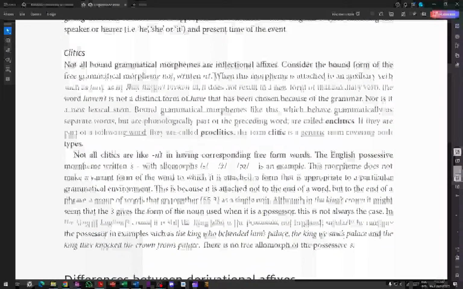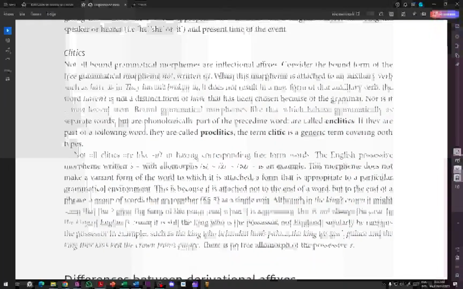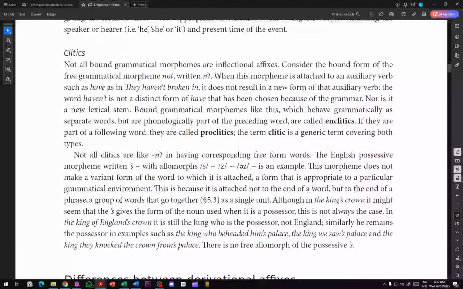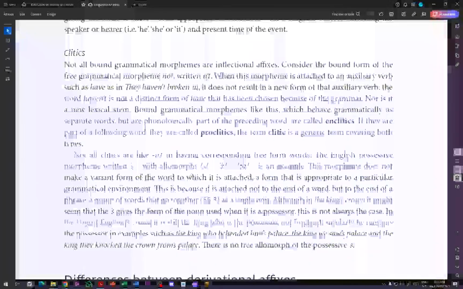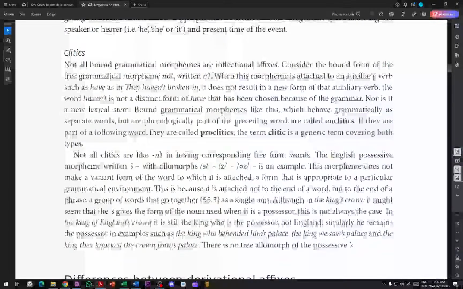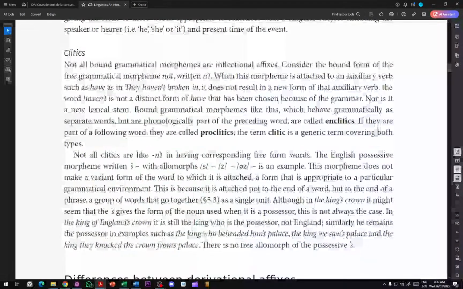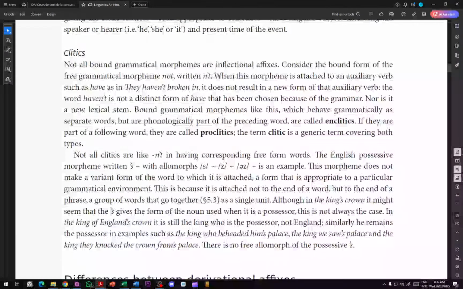Not all bound grammatical morphemes are inflectional affixes. Consider the bound form of the free grammatical morpheme not, written n't. I forgot what bound grammatical morphemes are.